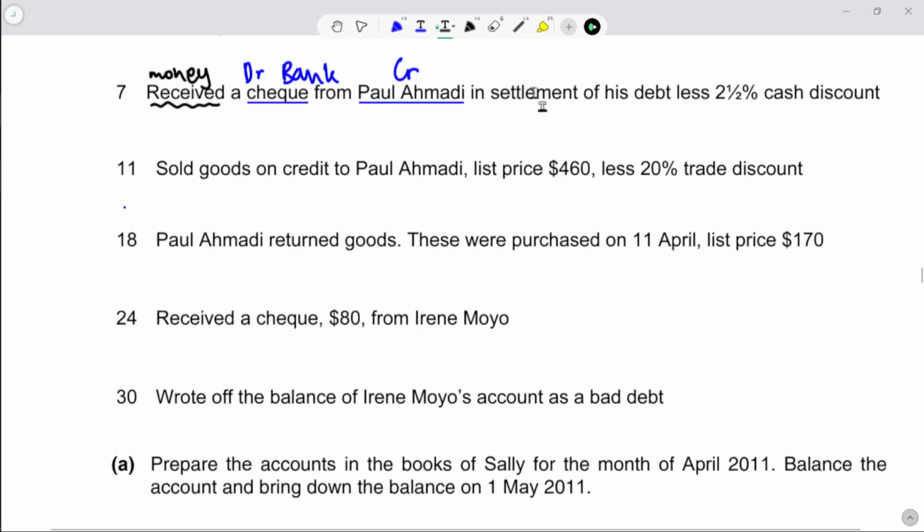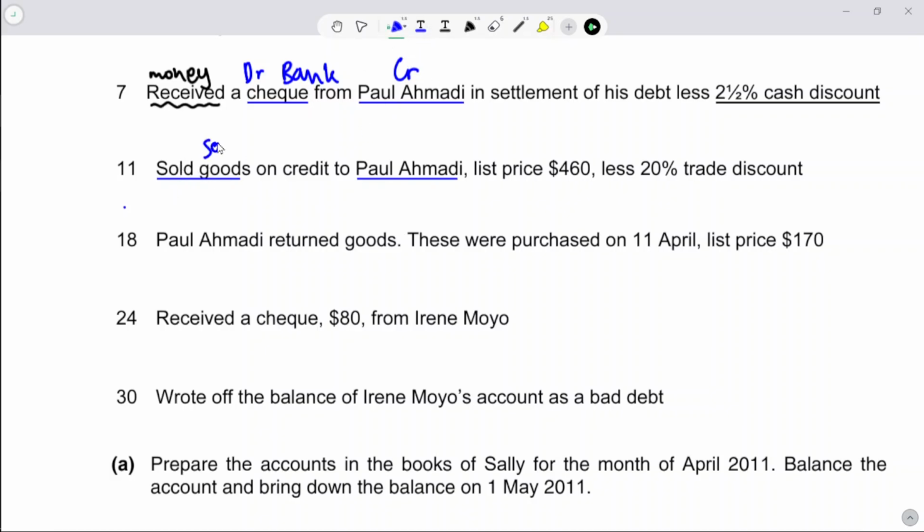Then let's continue. You say 2.5% cash discount. Okay, this we will do later. Then let's go to the next line. Also two lines.